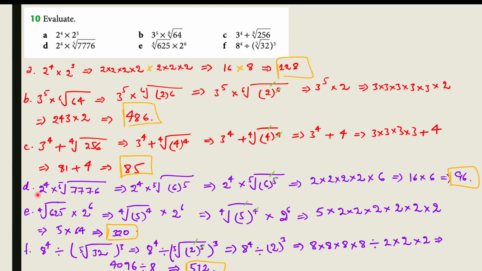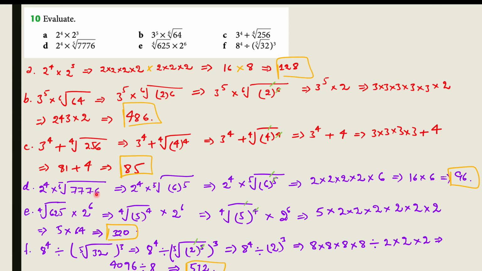Fourth part of the question is 2 raised to the power of 4 multiplied by the root of 7776. The power of the root is 5. So we first start with the root. Here we have 7776.